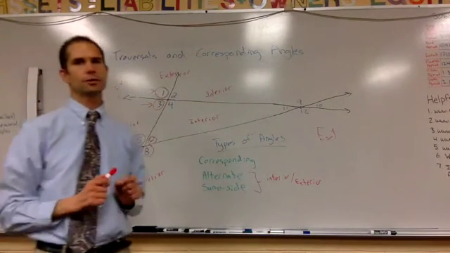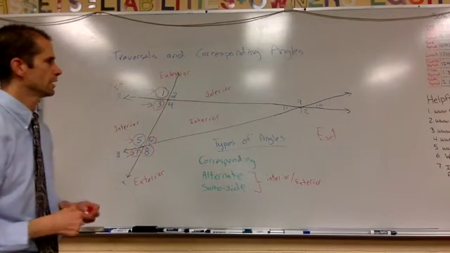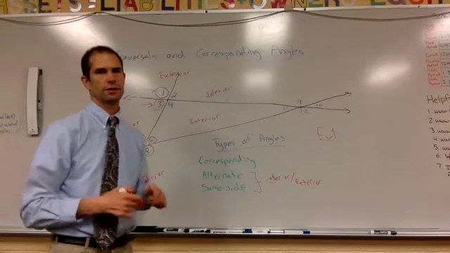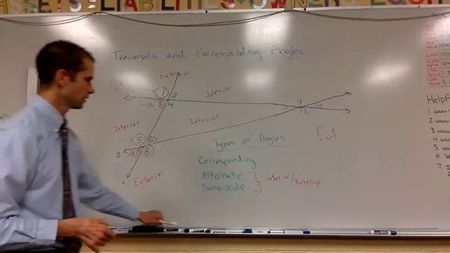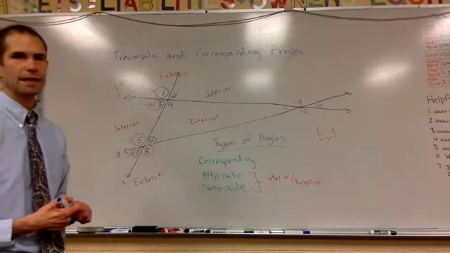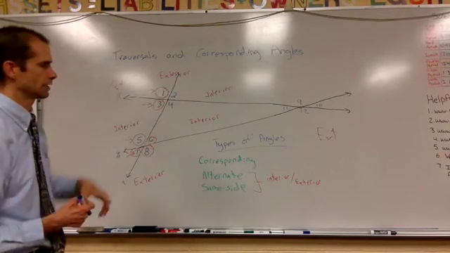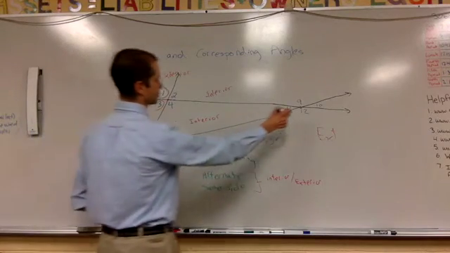So we want to be able to do 2 things with our traversals and corresponding angles. If I give you one of the types of angles, you need to be able to give me an example on this chart. Let's say we asked for a set of corresponding angles. What would be an example other than the ones we did over here? Let's use our new point here.